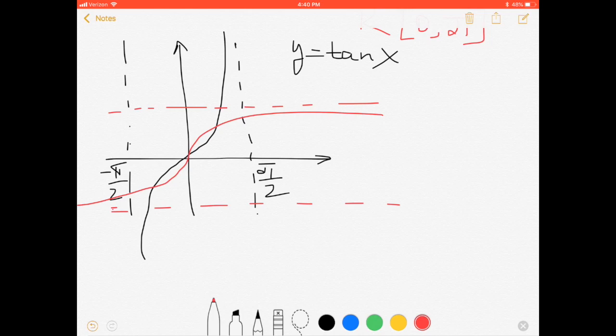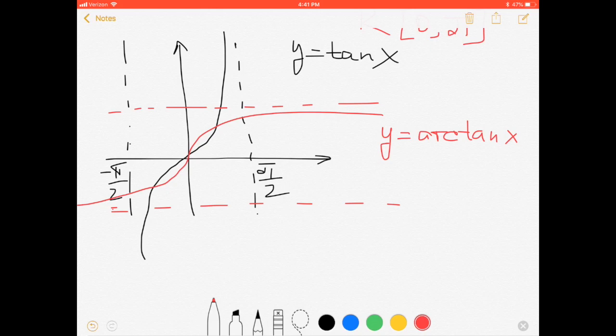I think it's the first example for our practice where we have a function with two horizontal asymptotes. Okay, this means y equals arctan x.